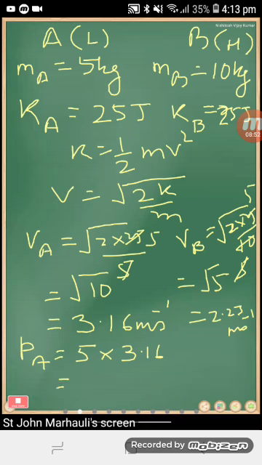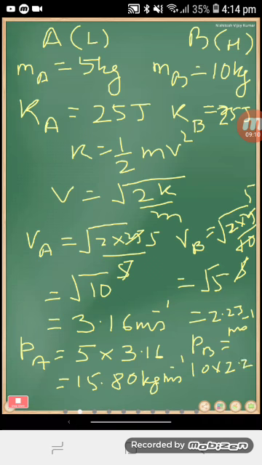It comes out to be 15.80 kilogram meter per second. Similarly, PB, if we try to calculate, this will be 10 into 2.23. This will be equal to 22.3 kilogram meter per second.